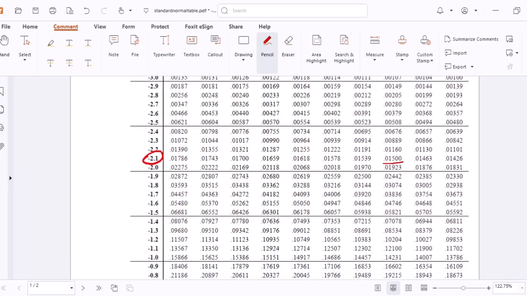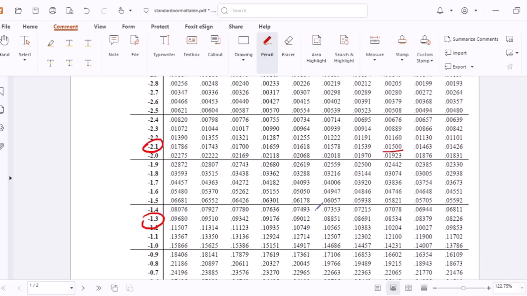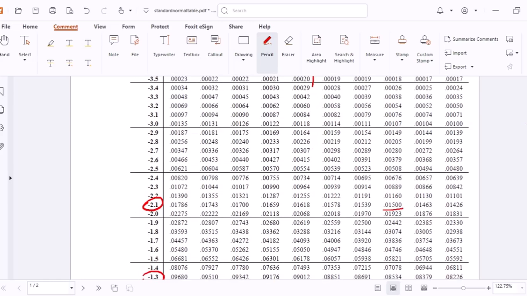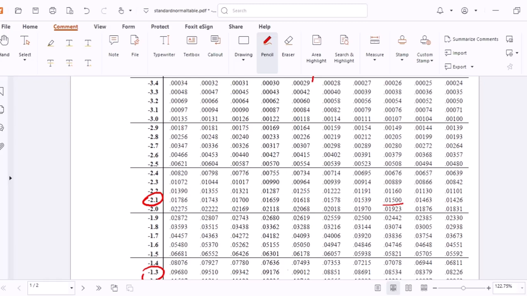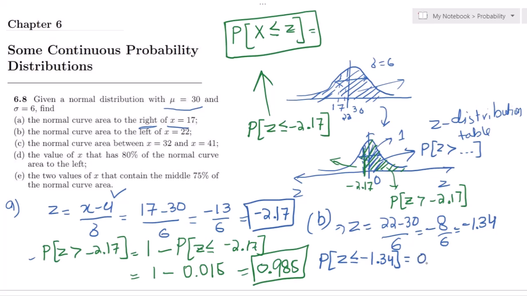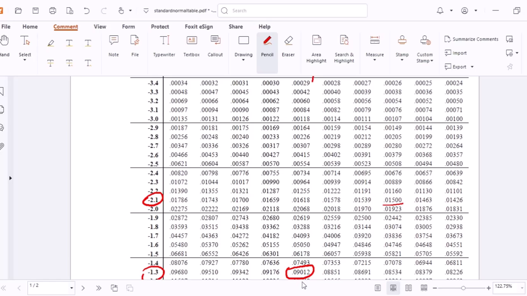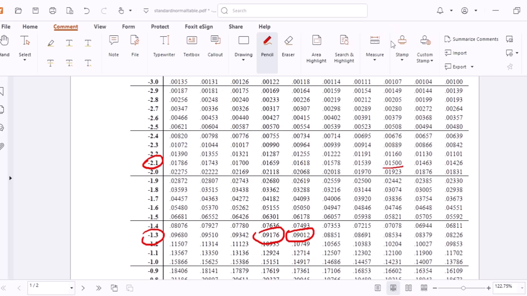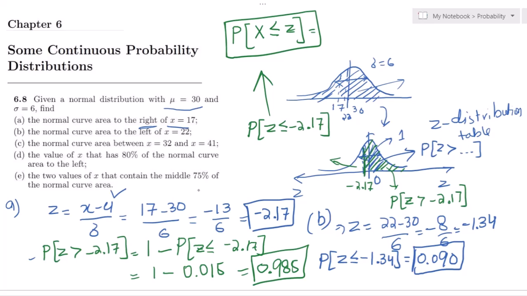For minus 1.3, and for 4 the column is this one, so minus 1.34 gives 0.090. That is the solution of part B of my question. In some books it is written slightly differently, but because I have estimated it as 1.34, this is 0.090.